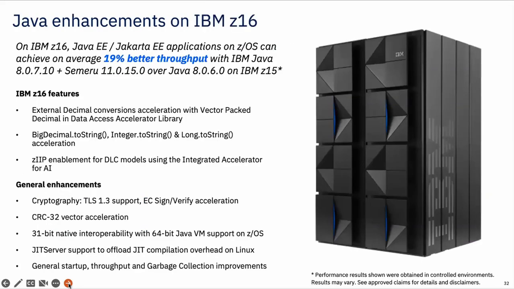The compilers team, and Roland mentioned this earlier, partners closely with the hardware team and operating system teams to optimize performance of all our compilers where possible running on the platform, and Java is no exception here.